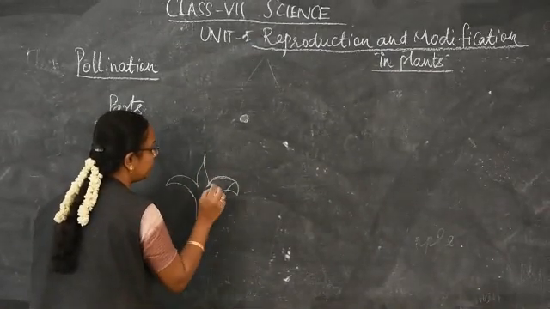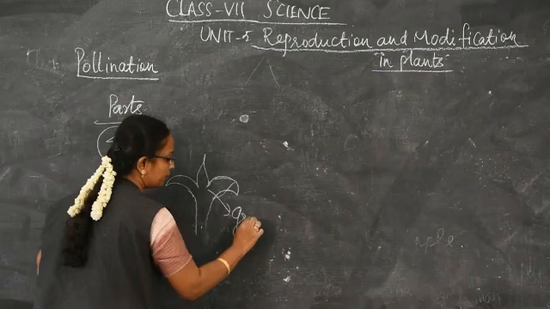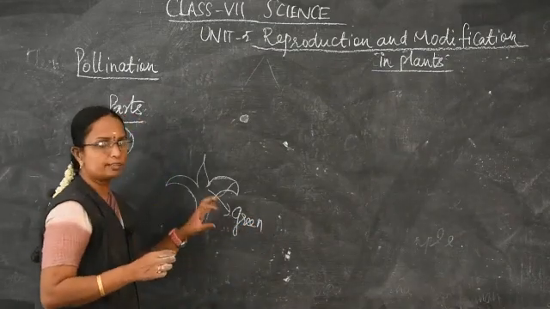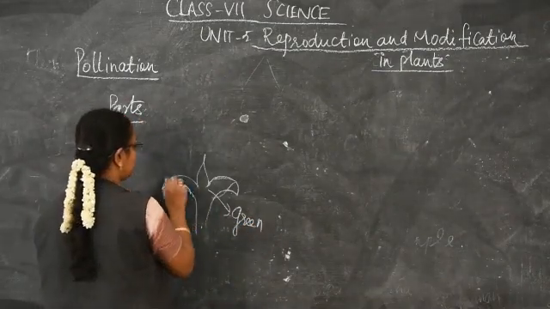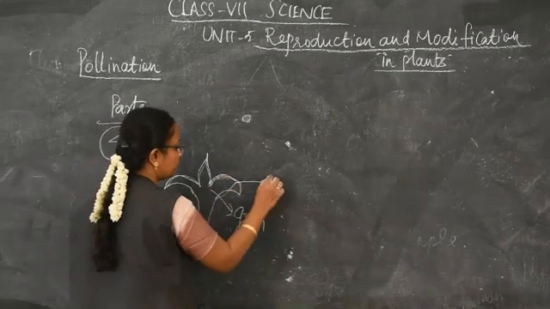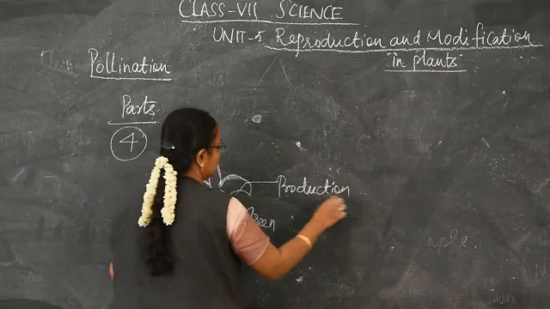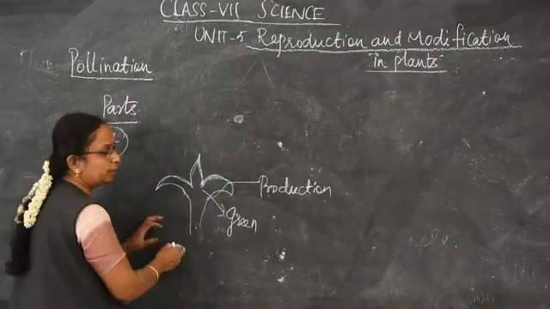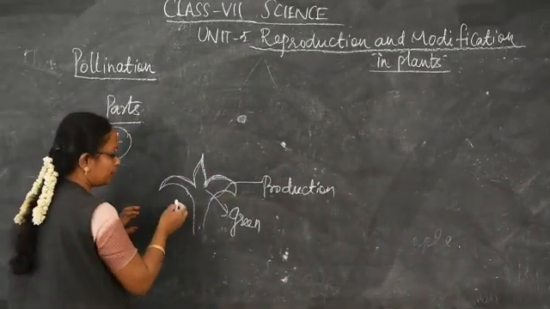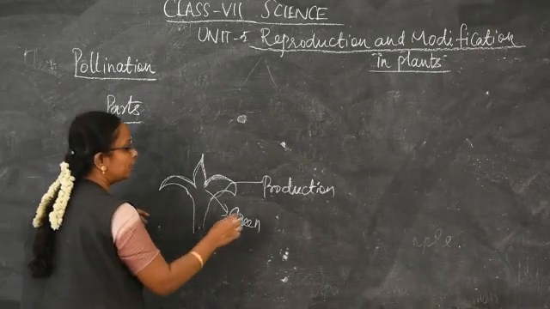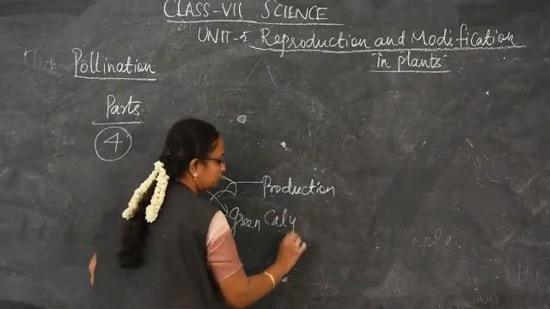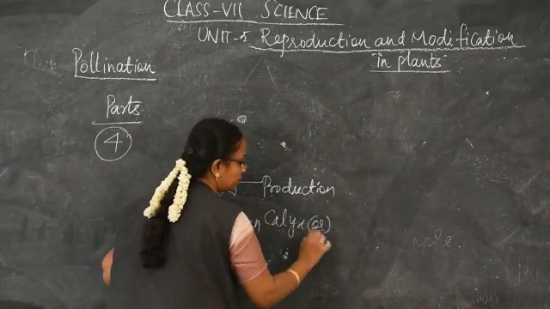The calyx is the green colored structure which is found below the flower, which gives protection to the bud. The greenish portion found below the flower is known as the calyx or sepals.